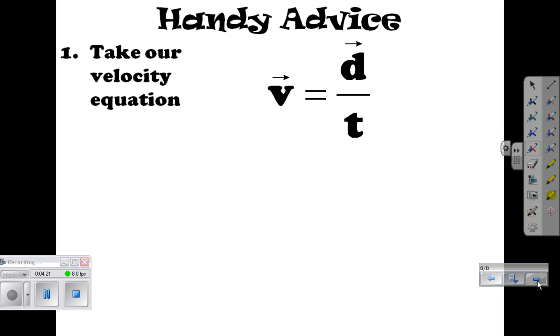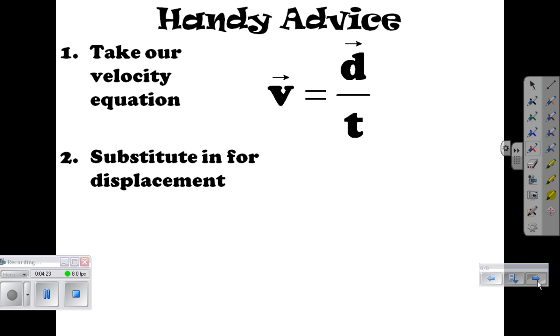Okay. We're going to substitute something in for displacement here. What are we going to substitute in? Our first equation. Look up at the top right slide, and that's where I get this.